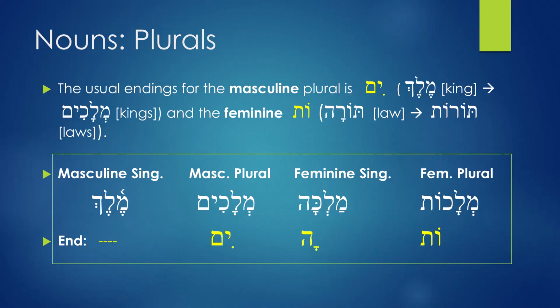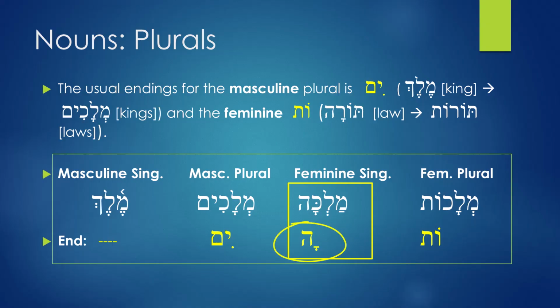What am I trying to point out here? Number one, masculine singular nouns have no ending. When you're looking at a masculine singular noun, it's not going to have a special ending telling you that this word is a masculine singular noun. But on the other side, a feminine singular noun has a special ending, and that ending is a.